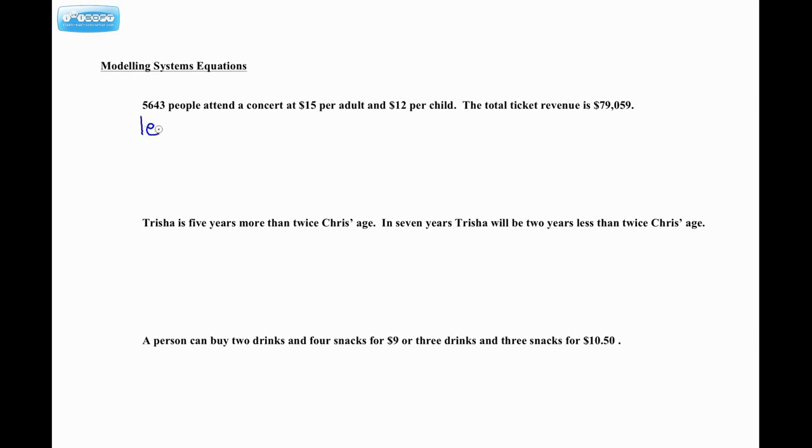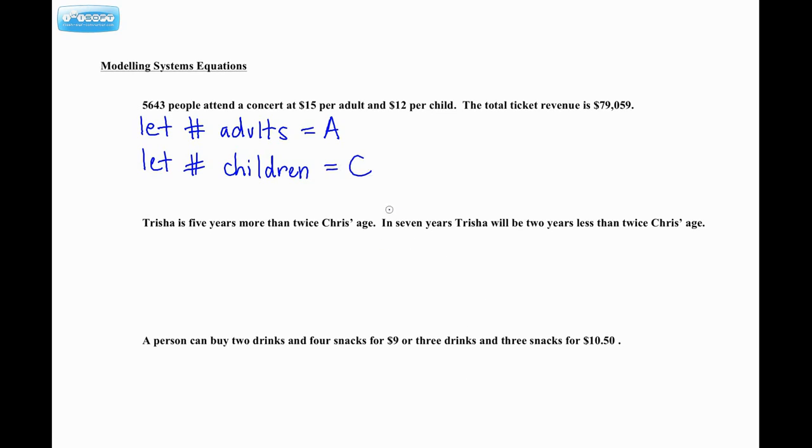So we're going to let the number of adults equal A, whatever A is, and we're going to let the number of children be C. Okay?